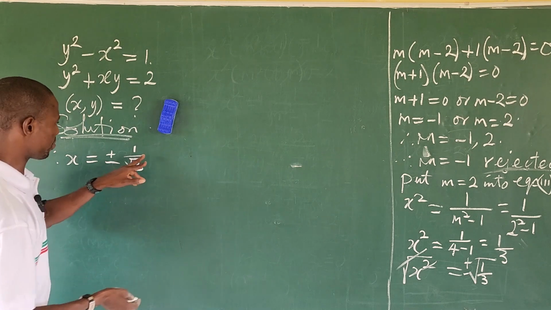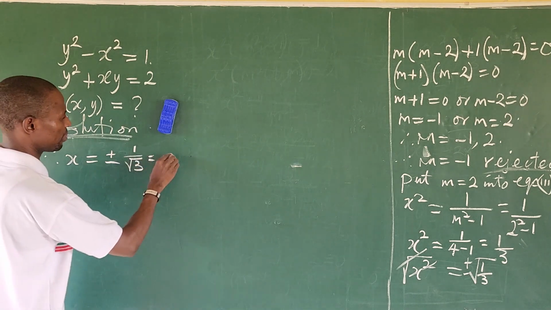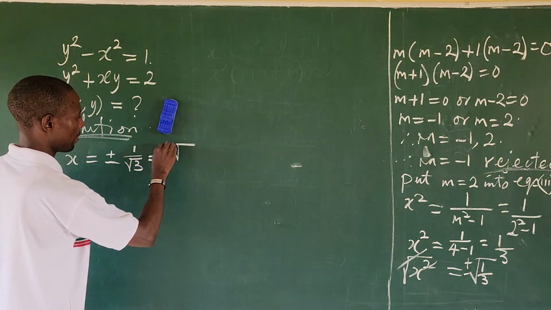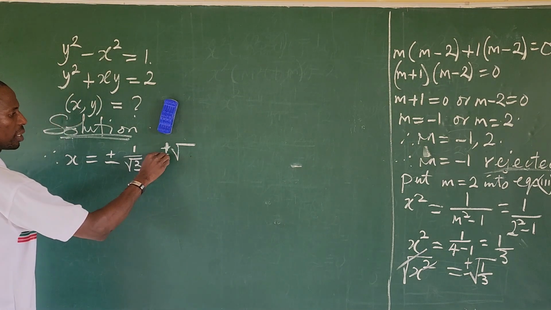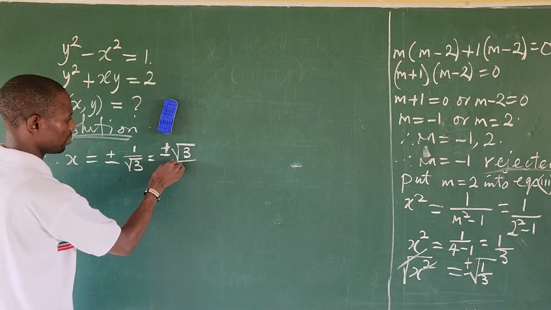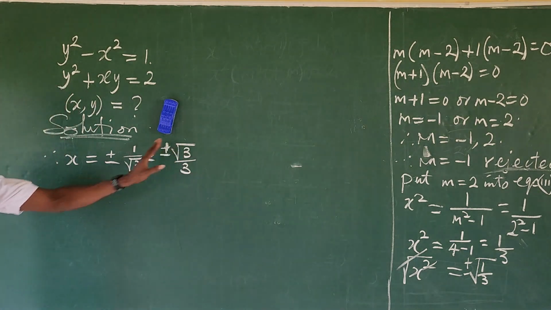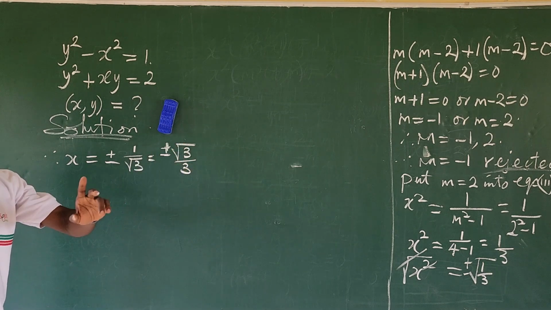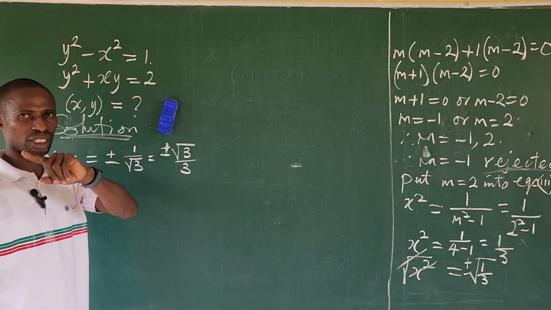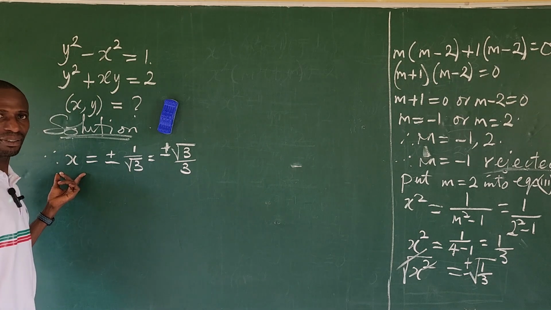And if we rationalize this, it will give us plus minus root 3 all over 3. So if we rationalize the denominator, we come up with the same result we had in the first method for the x value.